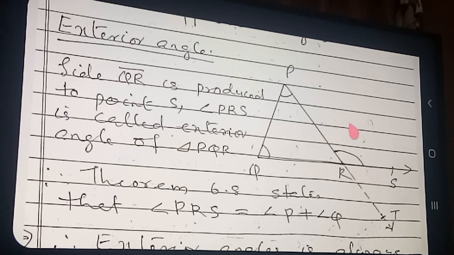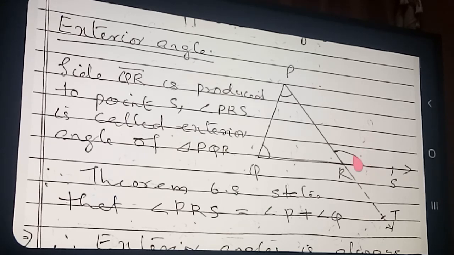The measure of the exterior angle is always greater than the measure of each interior opposite angle. For example, suppose this angle is 120, this angle is 70, and this angle is 50. So is 120 greater, or 70, or 50? Which is greater? 120 is greater.